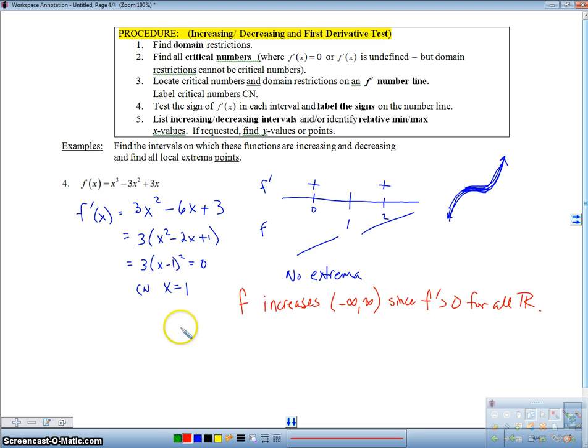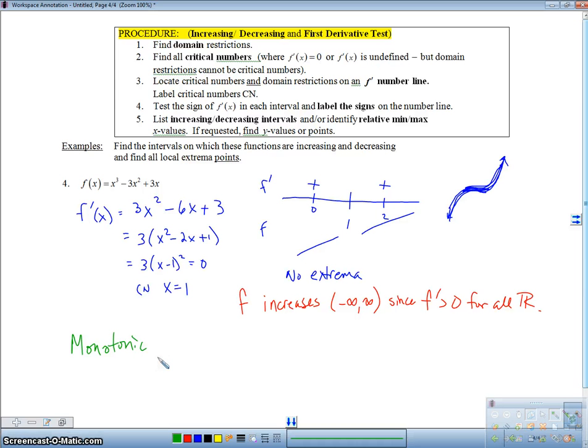So if this happens, this is called a strictly monotonic function. You don't have to know that word, but this is called a monotonic function. It basically means that this function is always going to increase or it's always going to decrease.